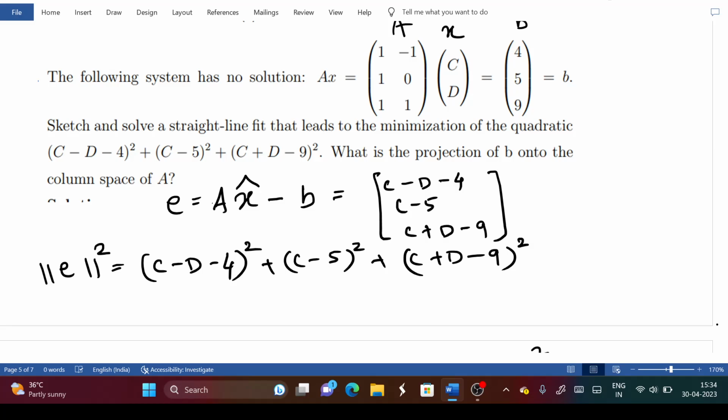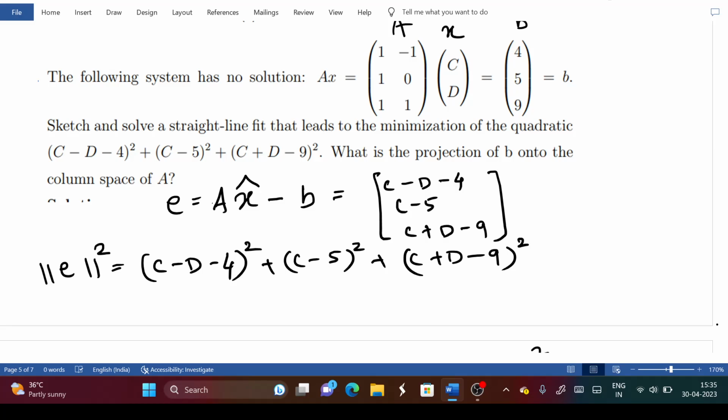Our target is to find the least square of the length of the error. Because x does not exist, we will find an approximate solution, that is Ax cap.